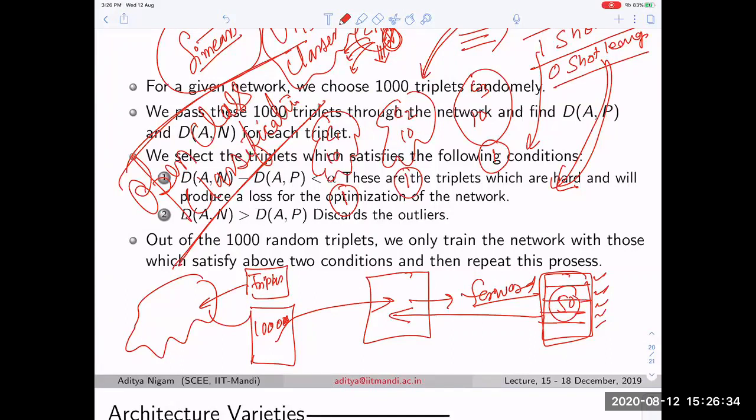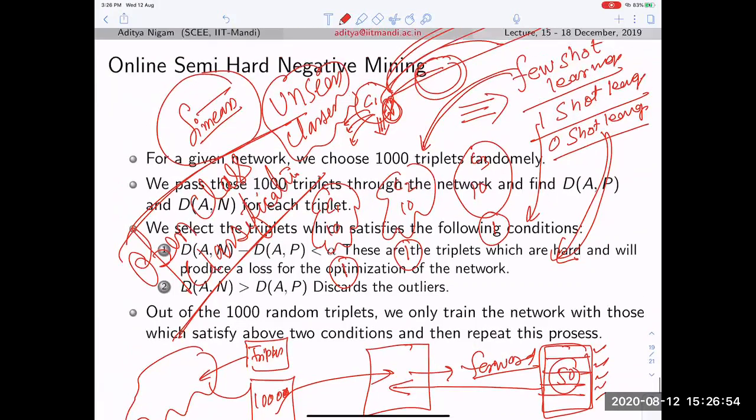In this part, the distance between anchor and negative subtracted by the distance between anchor and positive, shouldn't it be greater than alpha for hard triplets? No. Don't confuse it over here. You just check what I'm writing.